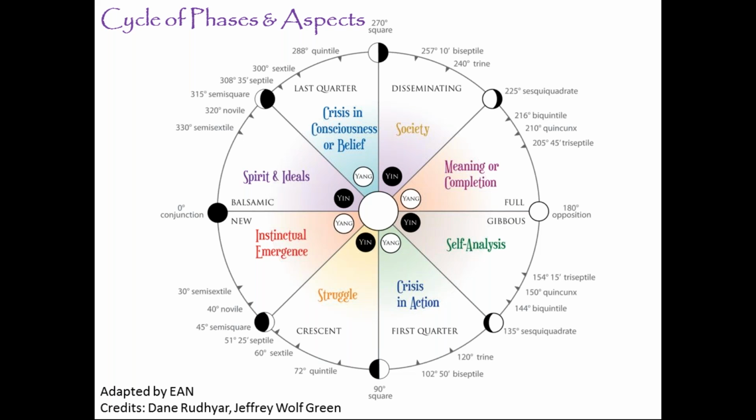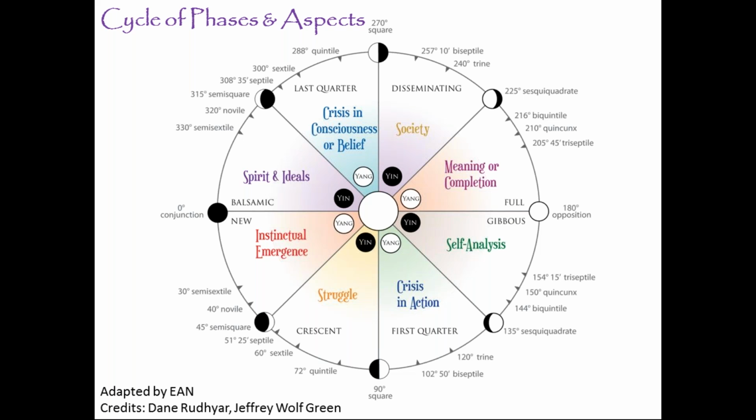First of all, when we look at the cycle of phases and aspects, I'm just going to do a little review of how we determine aspects in evolutionary astrology between any two planets. Obviously, we're specifically looking at Mars, Pluto, but you can use this with any two planets and even points in space.